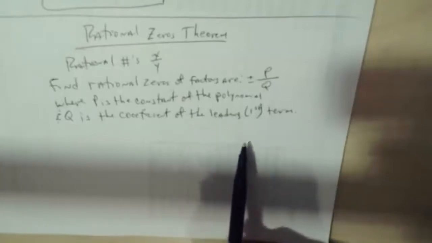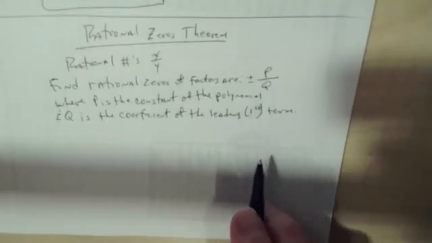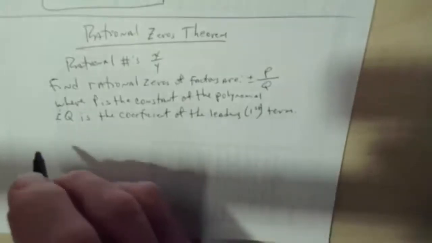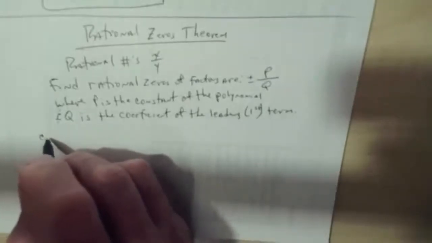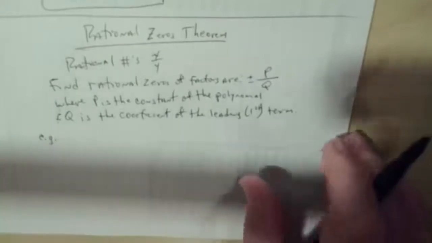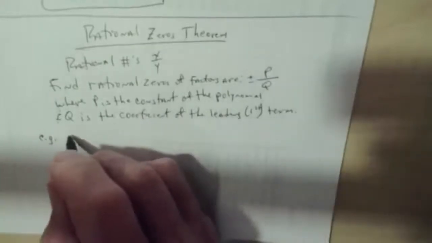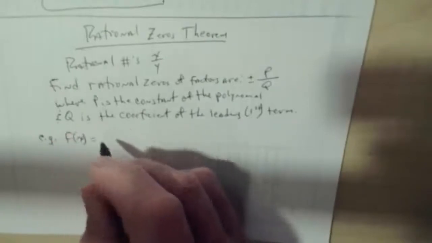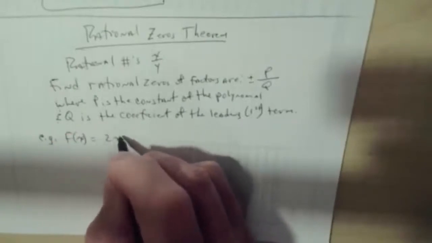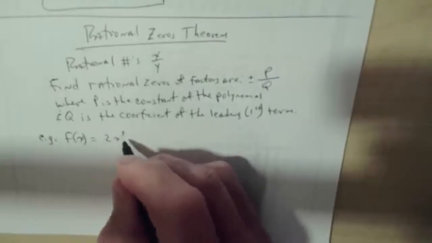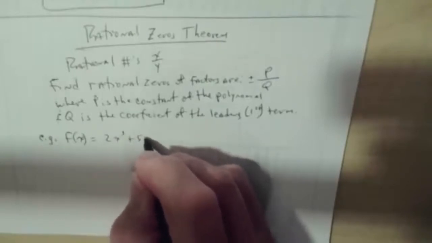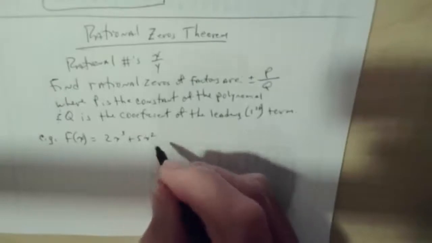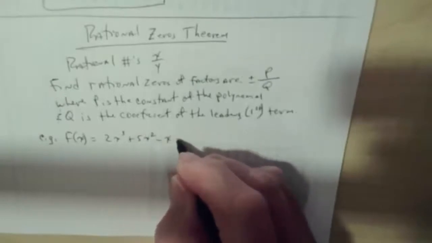Not really. So if we have, for example, f of x equals 2x cubed plus 5x squared minus x minus 6.